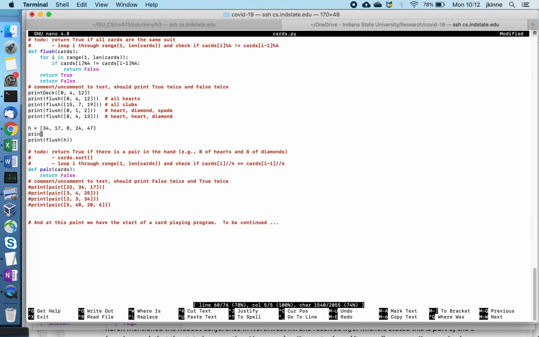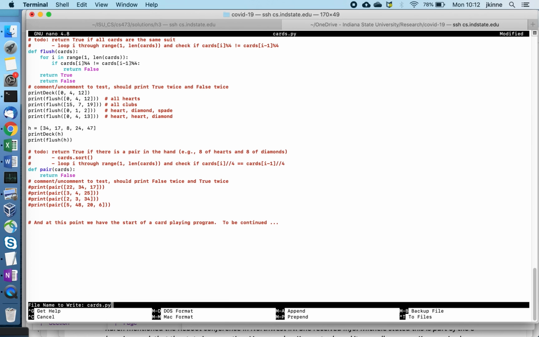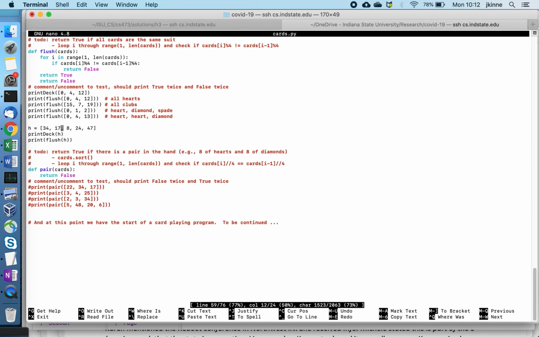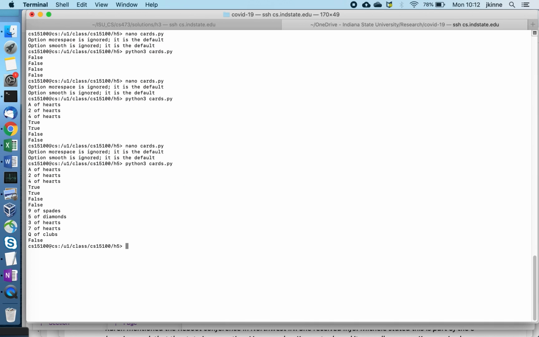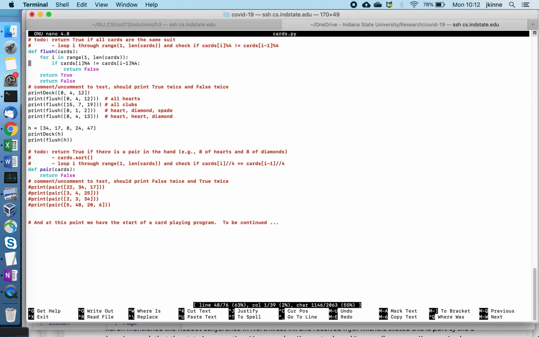Well, let's print the hand. So whatever these values are, are they all the same suit? I picked a spade, a diamond, 2 hearts, and a club. But you could modify that and put other values in and make sure it always gives the right answer. So you could print the hand, run your flush function, and try different ones.